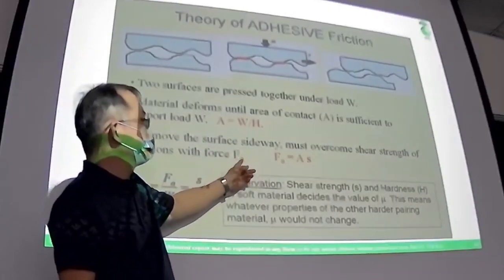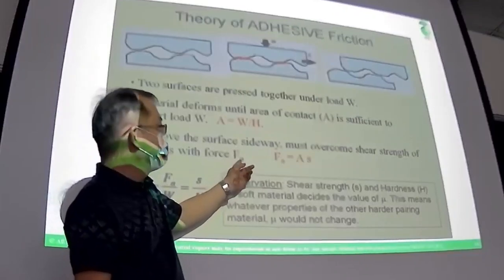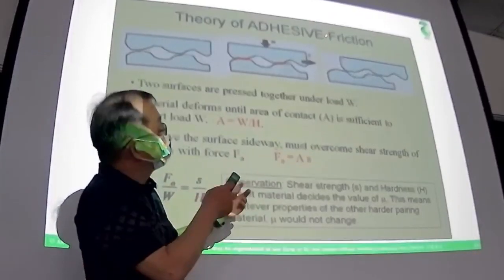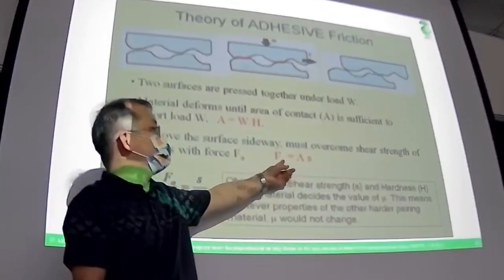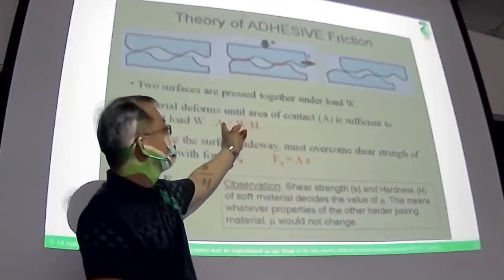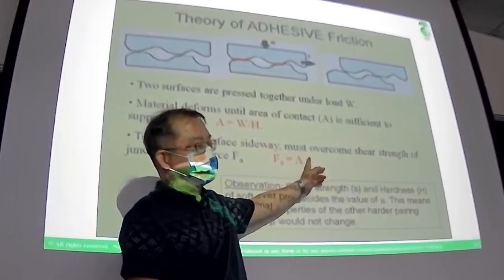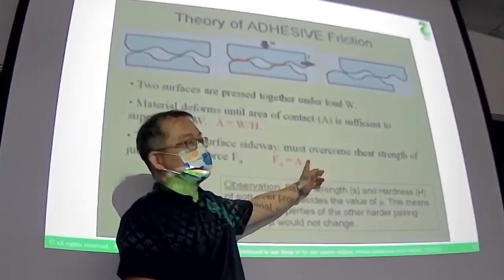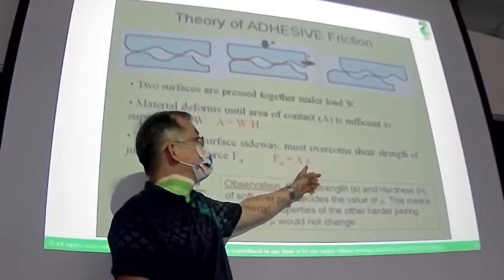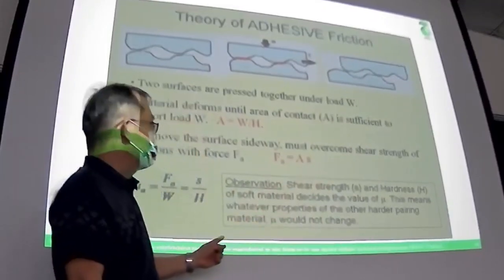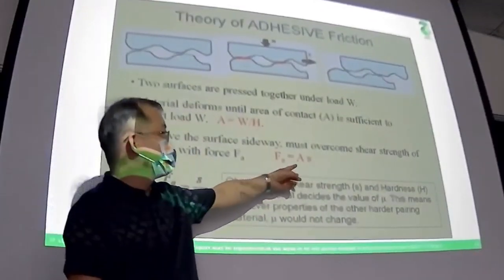The subscript here is adhesive. Okay. This is equal to the contacting area multiplied by the shear strength of the softer material. So this S is the shear strength of the softer material.